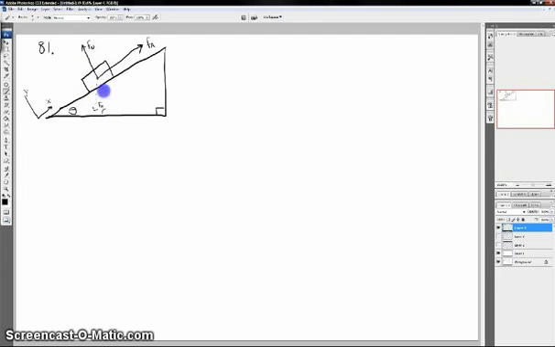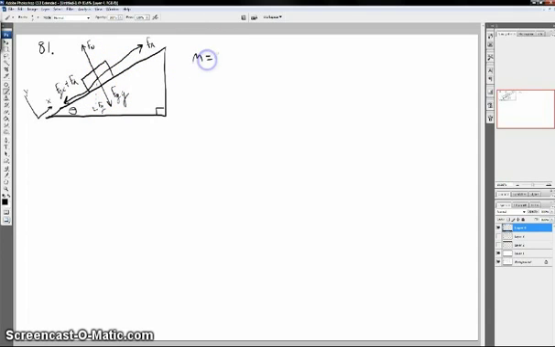It'll be equal but opposite in direction to the y component of the force of gravity. And the force acting down the incline is going to be the x component of the force of gravity plus friction, which in this case will be kinetic friction since it's moving. We're going to need to solve each of these things.